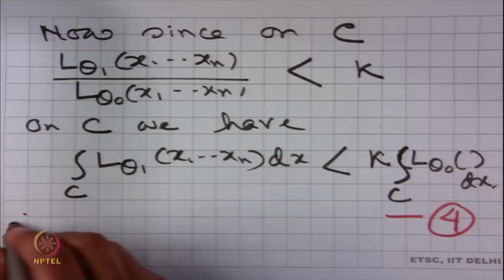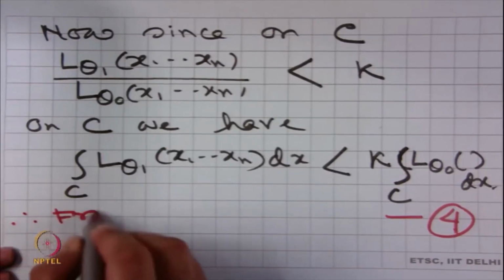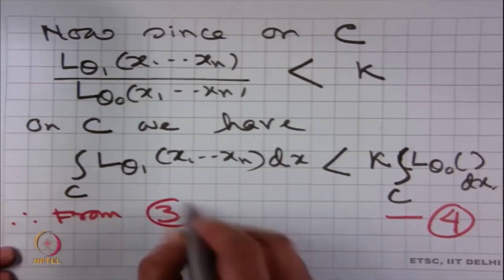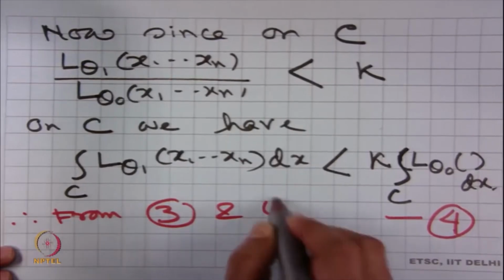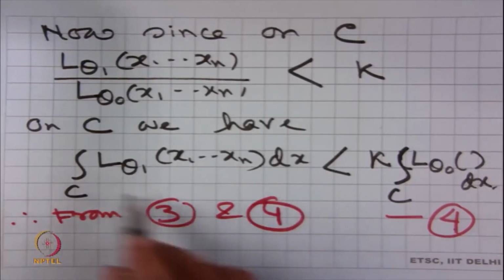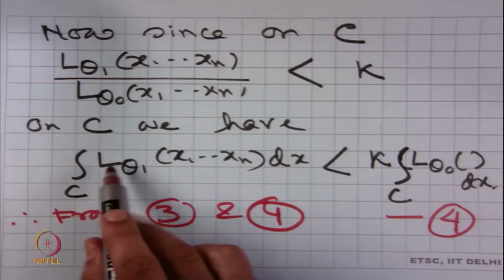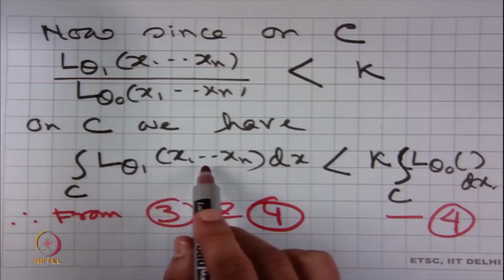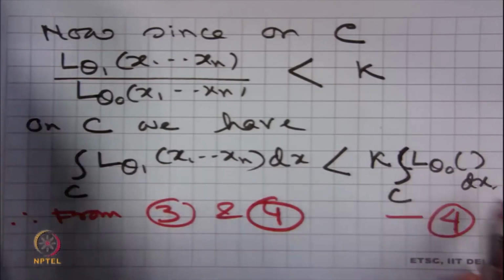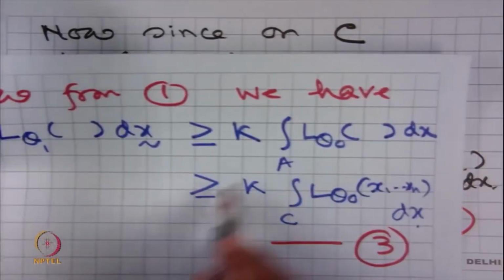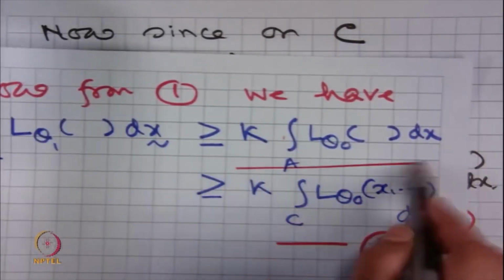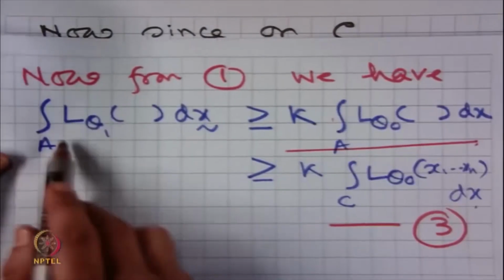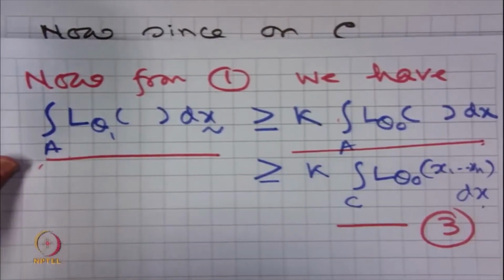So, from 3 and 4, we have integration over C of L theta 1 of x1 x2 xn is less than this, which in turn is less than this, which in turn is less than this.